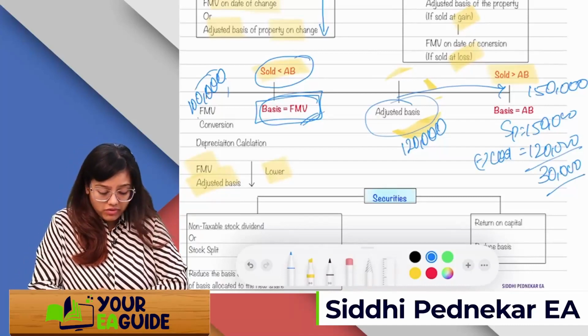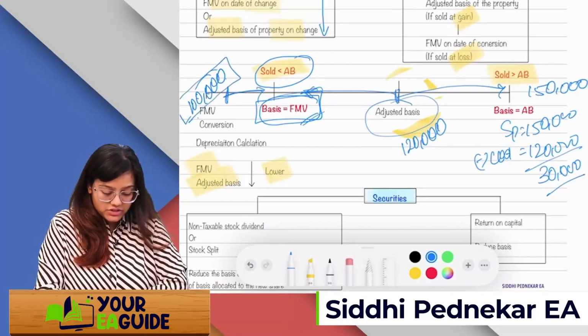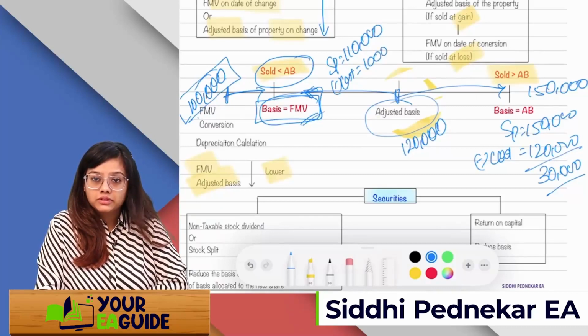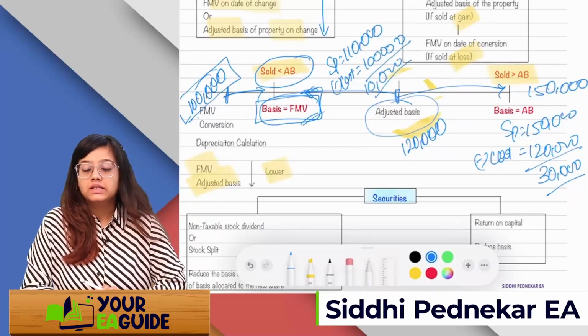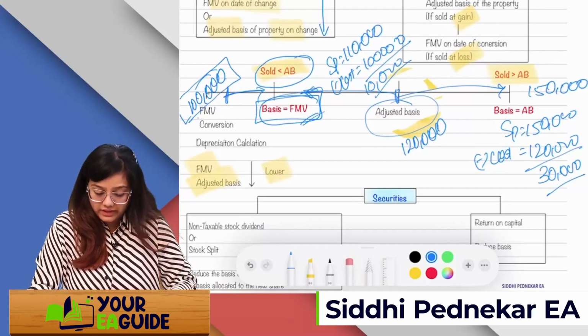It's above FMV but less than the adjusted basis. So what you will do, you will take FMV as your cost. So your selling price is 1 lakh 10 minus your cost, which will be 1 lakh, right? So 10,000 will be your gain. This is how you are going to calculate, all right?